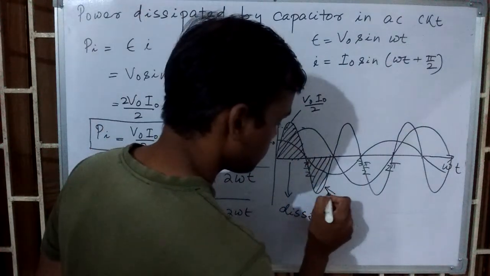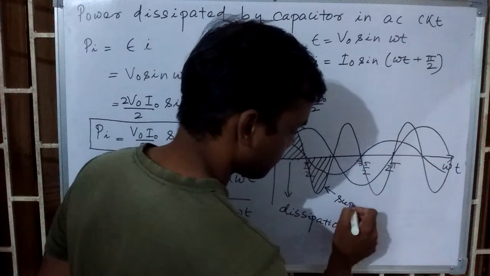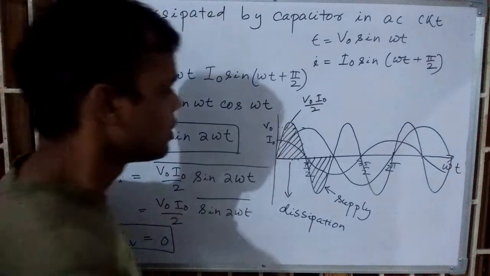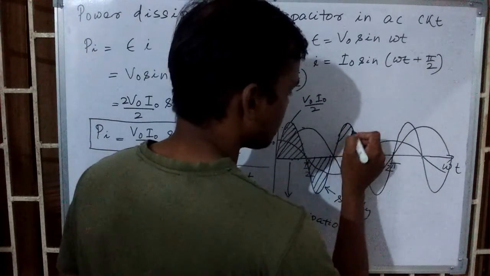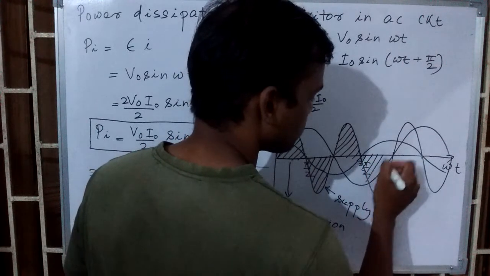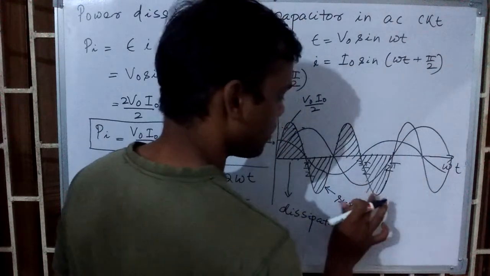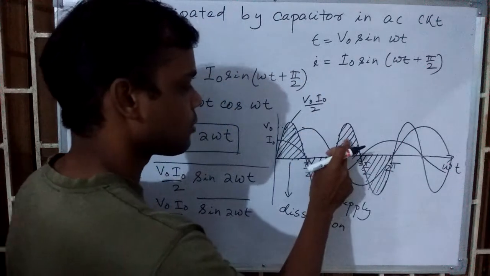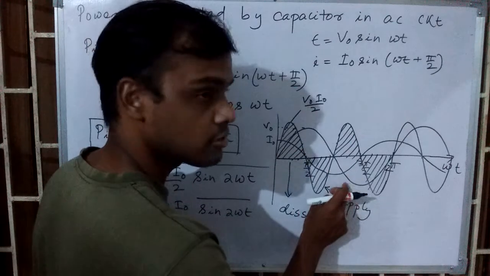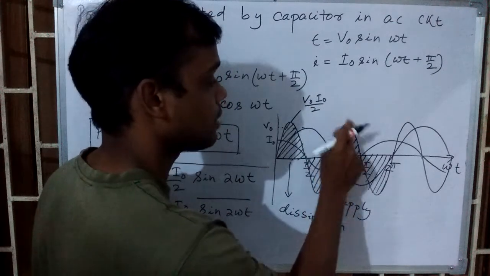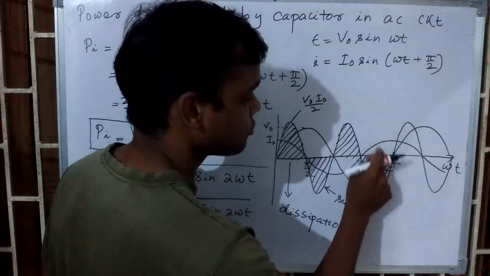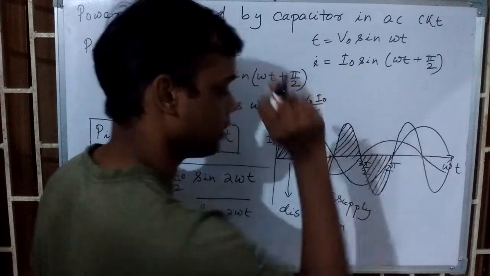So this is supply. Now same thing here, this is another dissipation, and this is another supply. Here you can also observe both current and voltage are negative, so the product is positive, that's why power is positive. Here current is positive, voltage is negative, so the product is again negative, so power is negative.